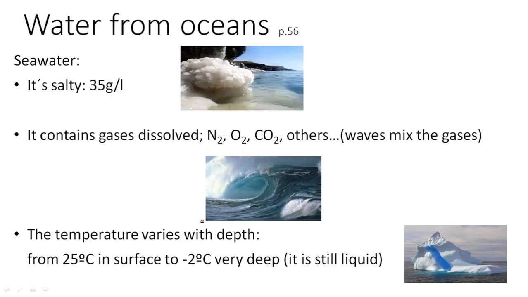So let's see the proportions. Let's see the distribution of water on the planet. We have seen that 97% is salt water. The rest, 3%, is fresh water.